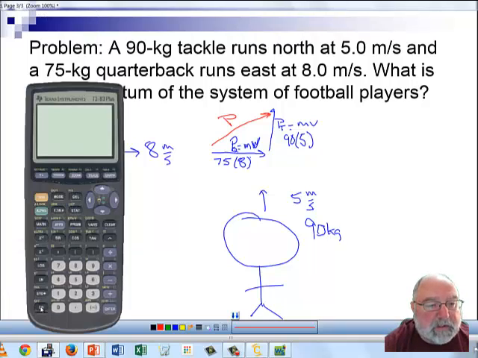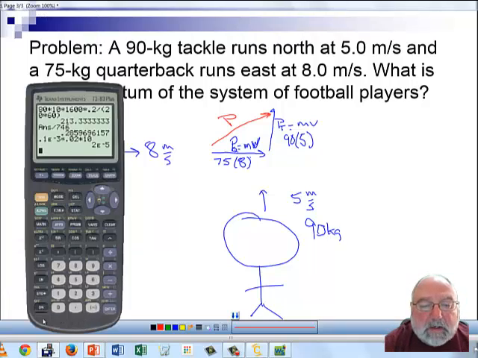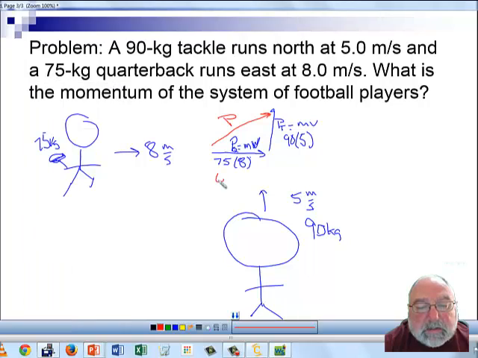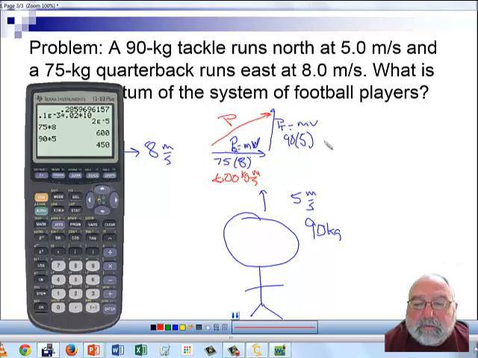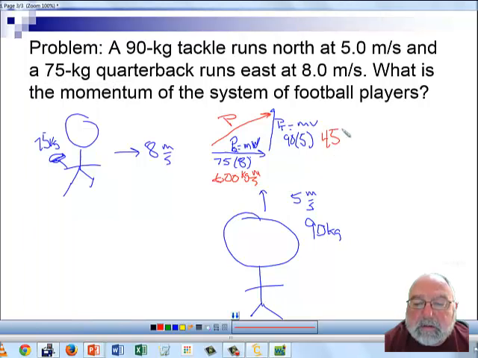The momentum of the quarterback is 75 times 8, so that's 600 kilograms meters per second. For the tackle, 90 kilograms times 5 meters per second is 450 kilograms meters per second.